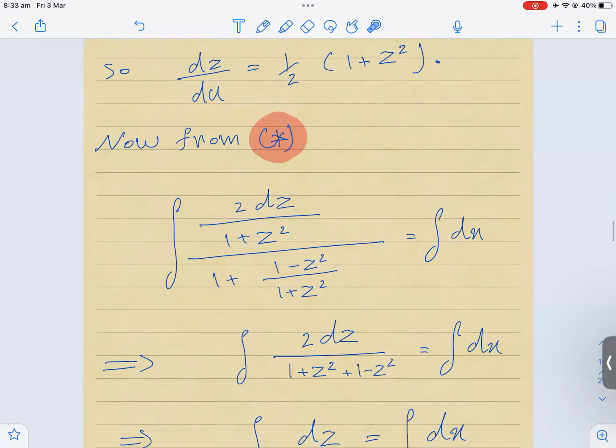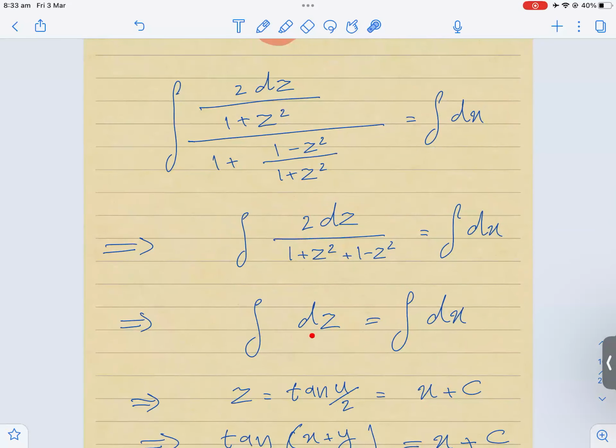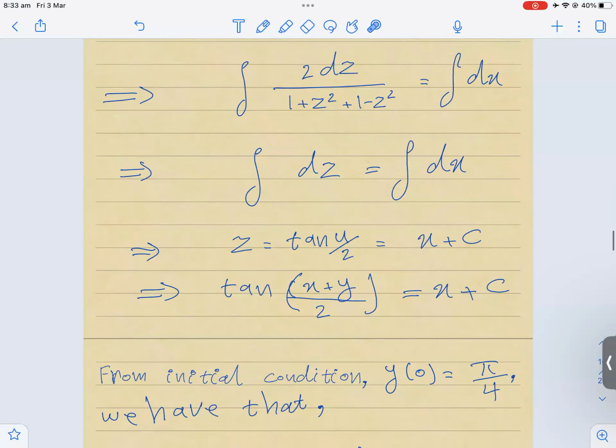By simplification, this will be integral of dz equal integral of dx. So integral of dz is just z, or tan of u over 2, equal to x plus c. Therefore, instead of u, it will be x plus y: tan of x plus y divided by 2 equal to x plus c.